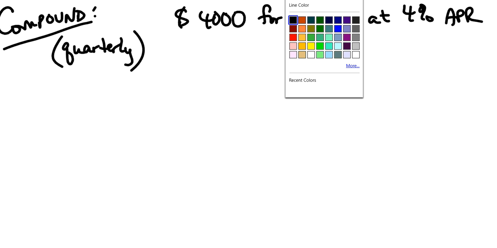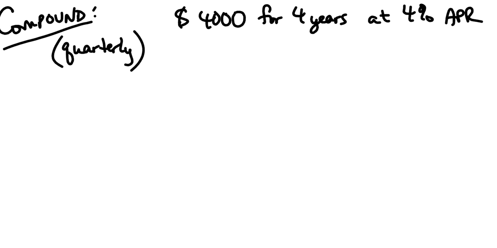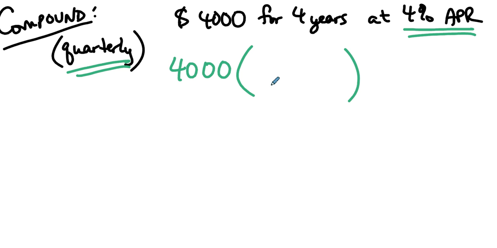But when we compound quarterly, what does that mean? Well, this 4% is a yearly rate, but if we compound 4 times a year, we're not compounding 4%, we're compounding a quarter of this.